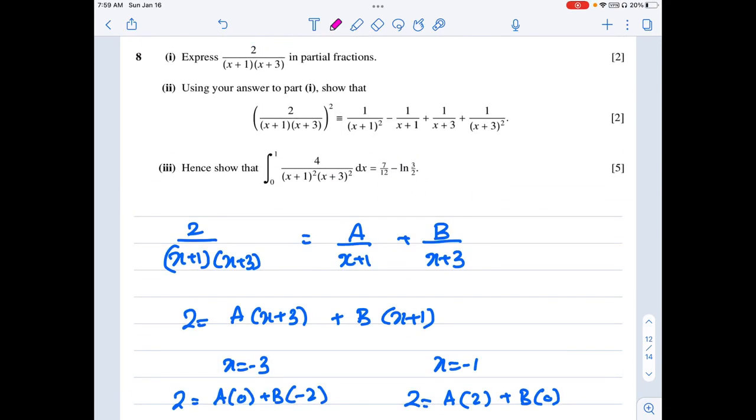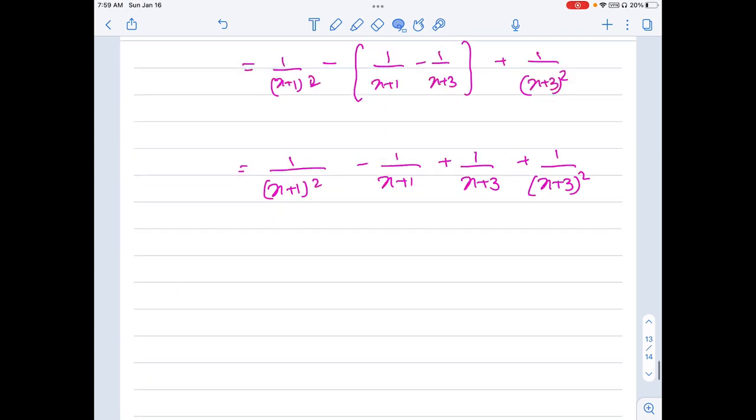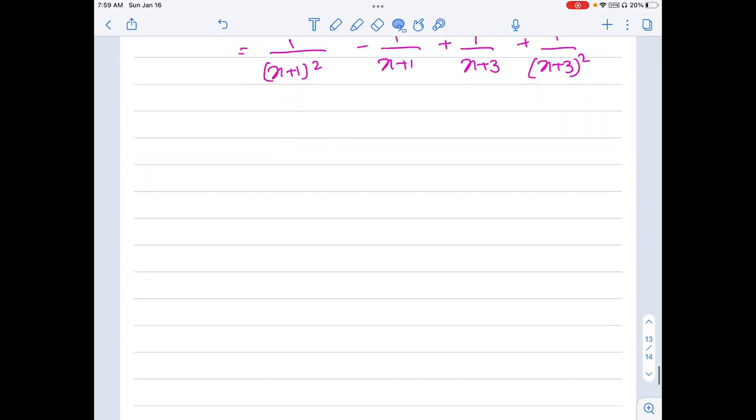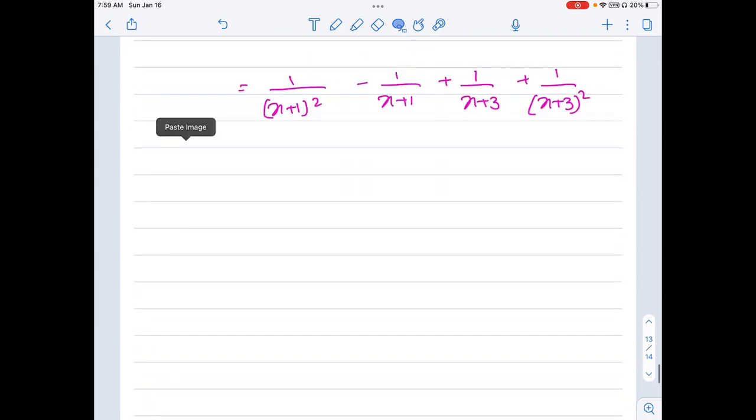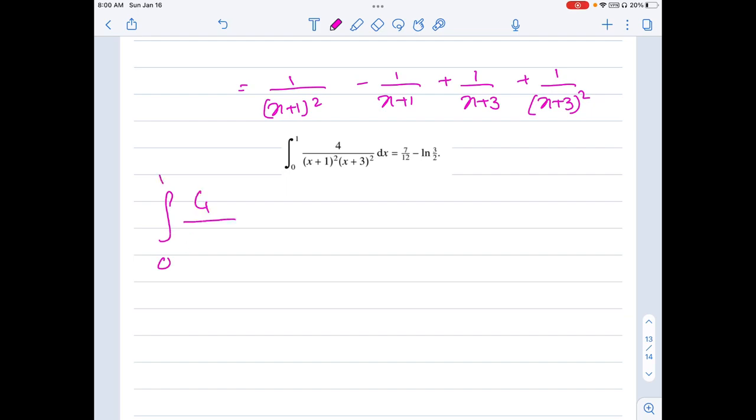Now hence show that the integral of this one. So we have to find the integral of this. I paste the image. We have to prove this one. So I'm going to write integral of 0 to 1 4 upon x plus 1 whole square and x plus 3 whole square dx will be equal to integral 0 to 1.